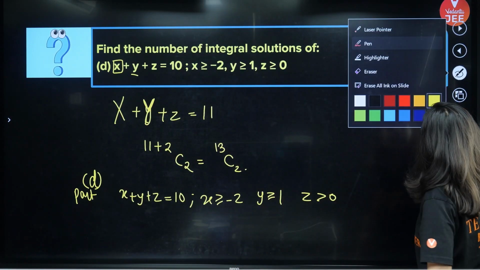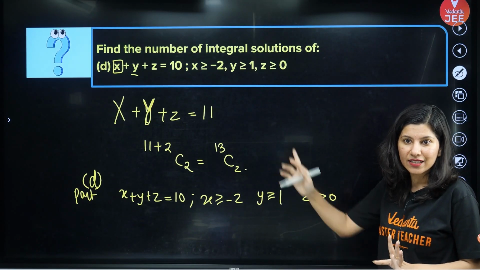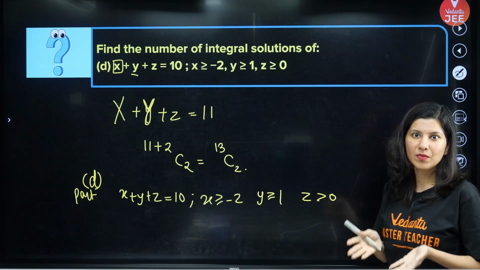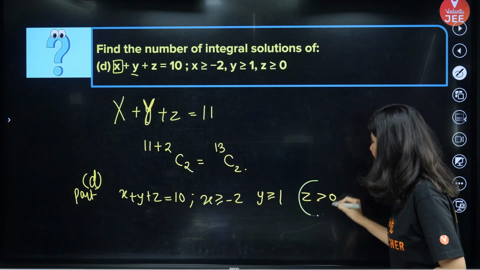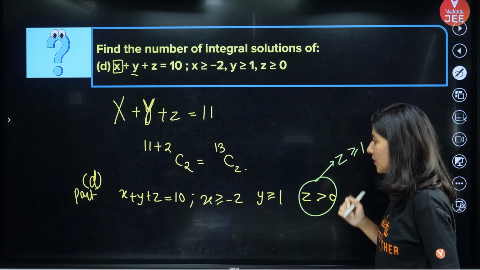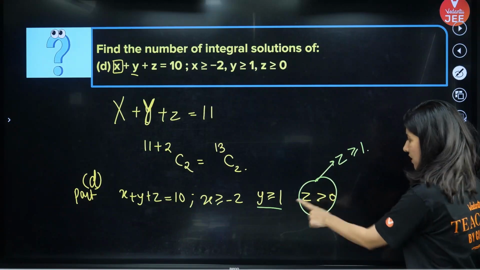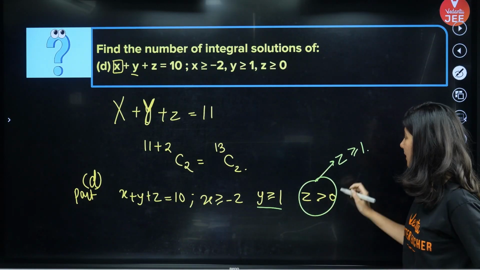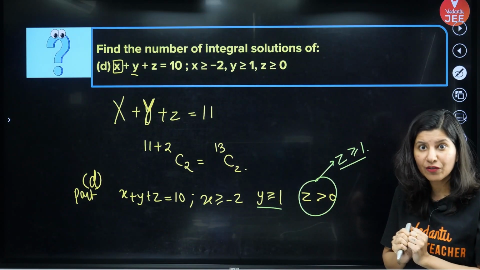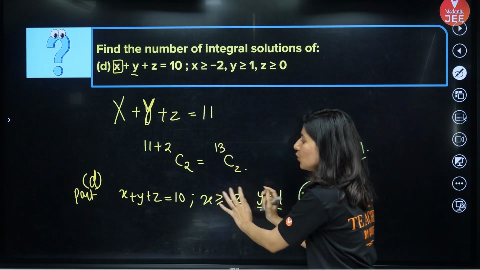Then just tell me, strictly greater than 0, that means what? Integral solution they are talking about now. So z cannot be 0. That means z minimum has to be 1. That means this condition says that z greater than or equal to 1. So now what you are doing is you are giving 1 to y, bare minimum, at least 1, and 1 to z, and you are taking out 2 from x. 1 plus 1 is 2, and 2 you are taking out.